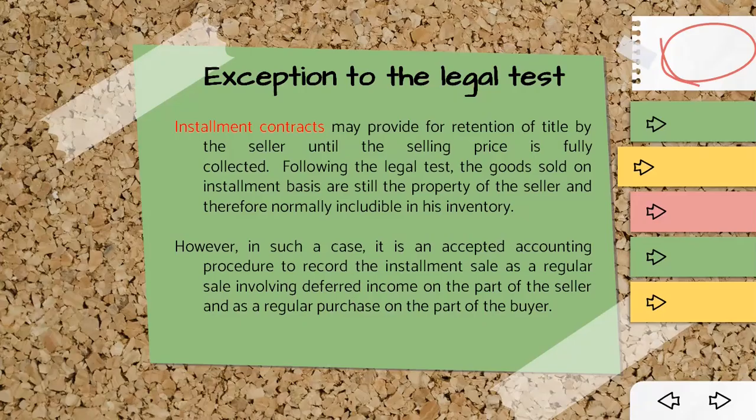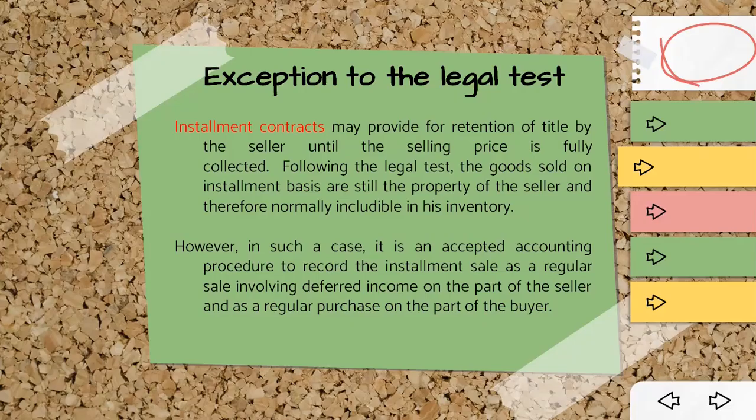Yes, the seller still holds something on the item the buyer bought, but the goods sold on installment are included in the inventory of the buyer and excluded from that of the seller.